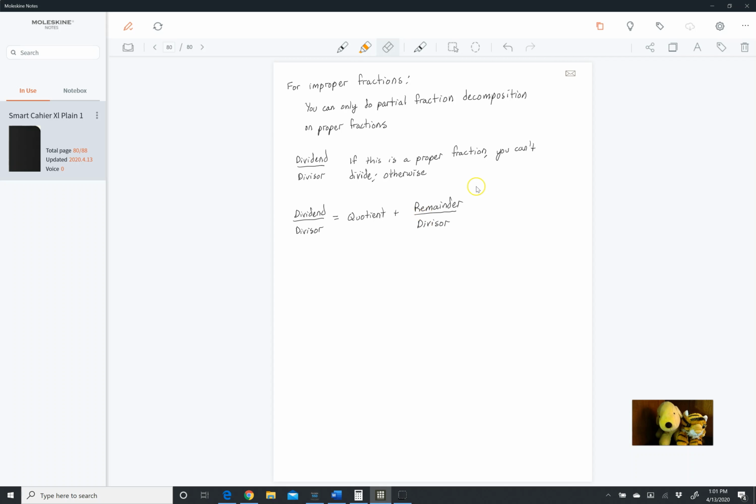So if you have an improper fraction, you're going to divide, and then you're going to do a partial fraction decomposition on this. So you have to do your long division first. Then everything is the same. It's just that the fraction that you're using to do that partial fraction decomposition is the remainder over the divisor.